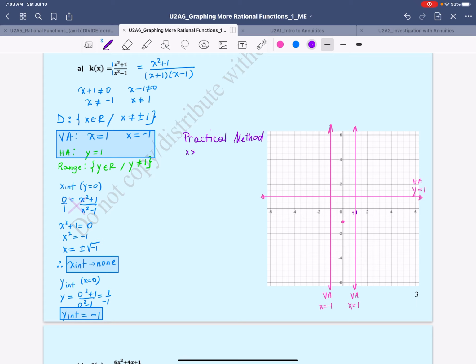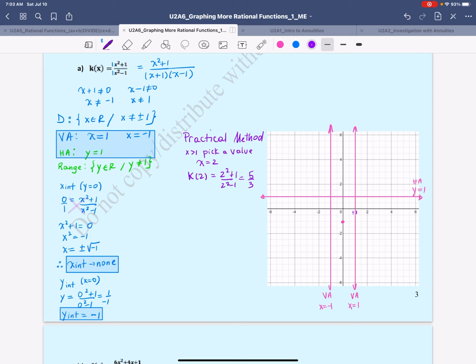So we take a number to the right of 1. So for x bigger than 1, we pick a value, for example, x equals 2. So evaluate the function at 2, and we'll say that k of 2 equals 2 squared plus 1 over 2 squared minus 1, which makes it 5 over 3.